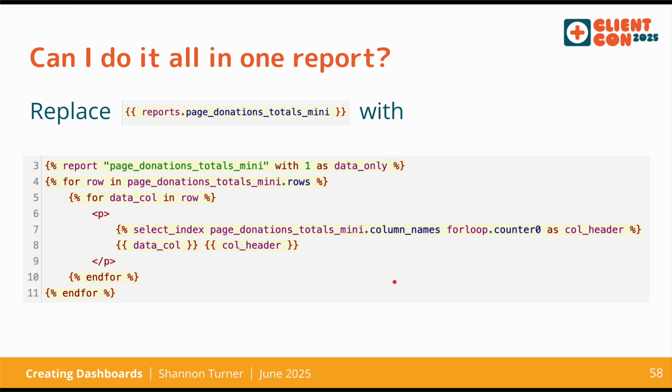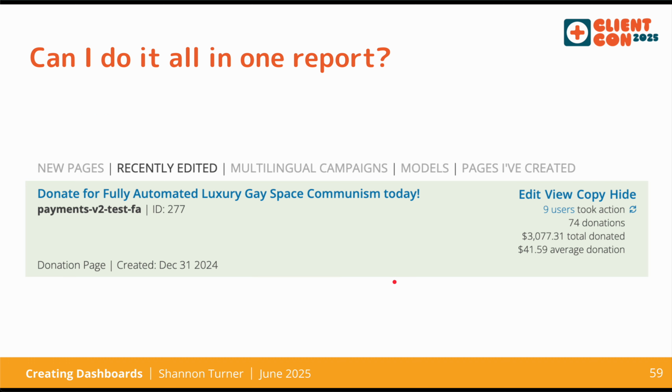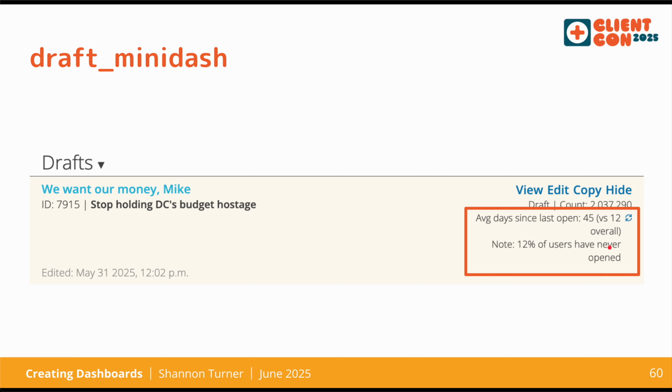Figure out what works best for you and create your dashboards the way that you like. So here's what this looks like with the donation stats all in a single report, but formatted nicely. And of course, the text is coming from those column names in the report.